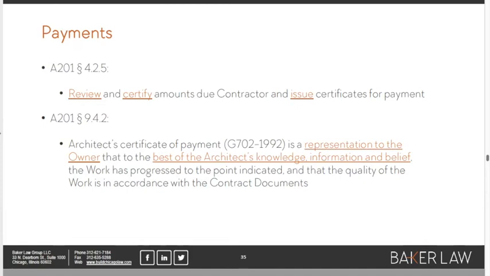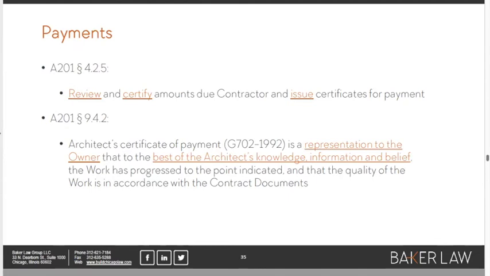Of course, an architect doesn't watch every nail driven, so they can't 100% guarantee that the work is as the contractor represents. We've got a little bit more loose language in the A201 in section 9.4.2, which says that when the architect certifies the pay app, that is a representation to the owner, not that the work is as the contractor says it is.